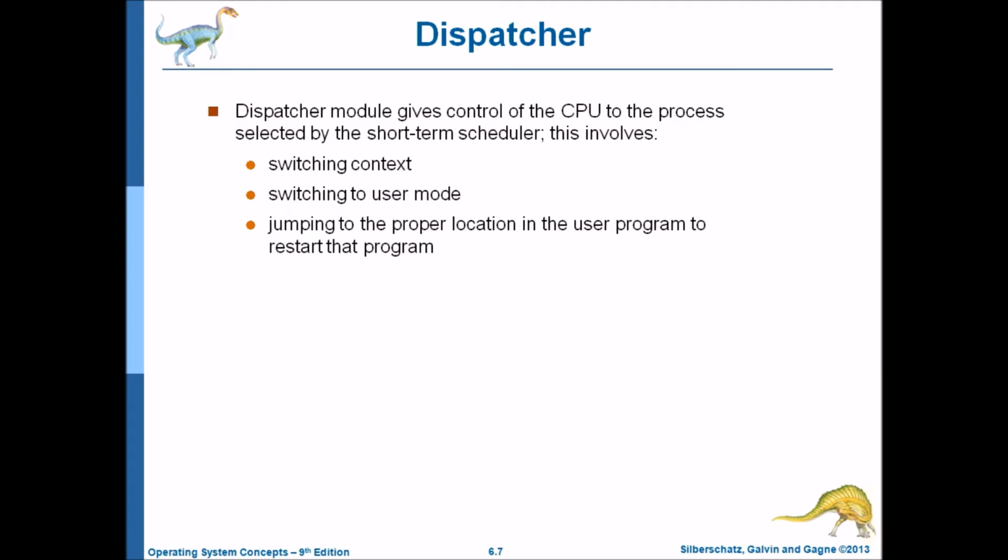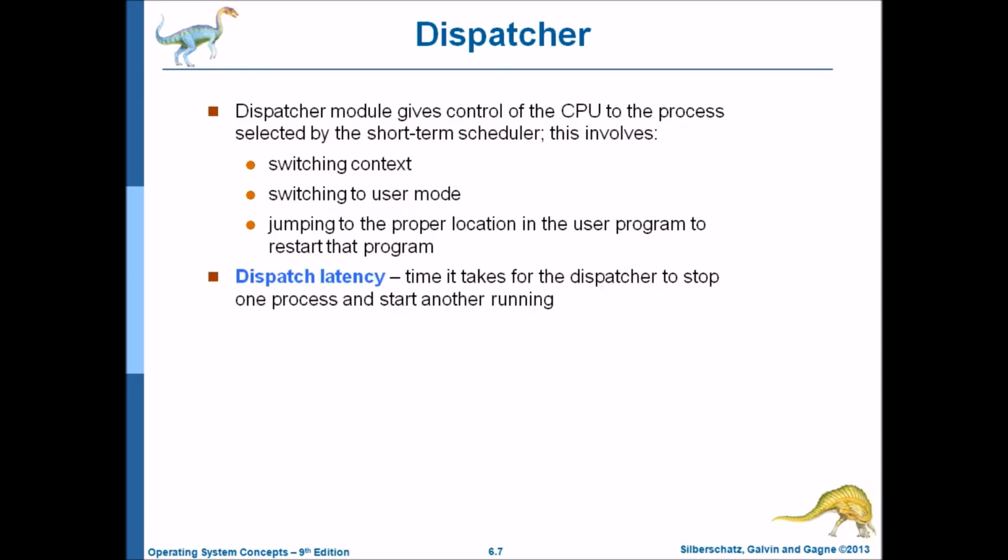In the case where there is a context switch, it needs to execute from the step where it was left. So the dispatcher needs to be as fast as possible as it runs on every context switch. The time consumed by the dispatcher to stop one process and start another is known as the dispatch latency.